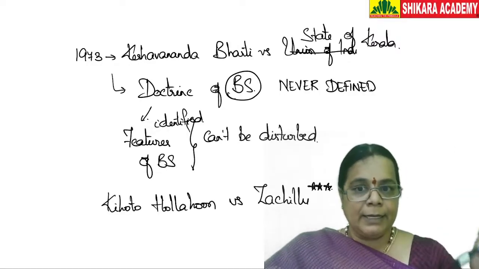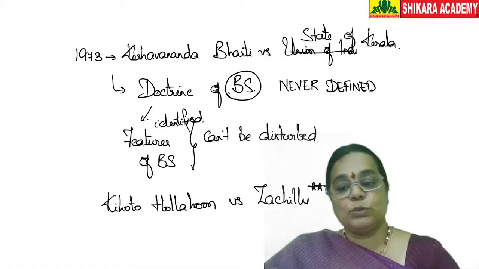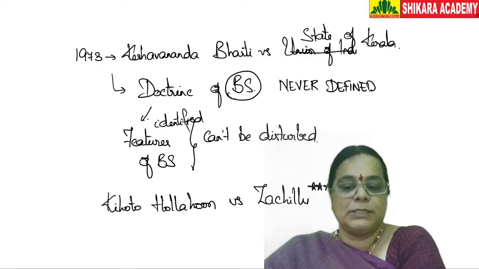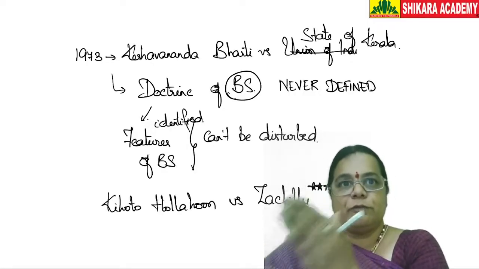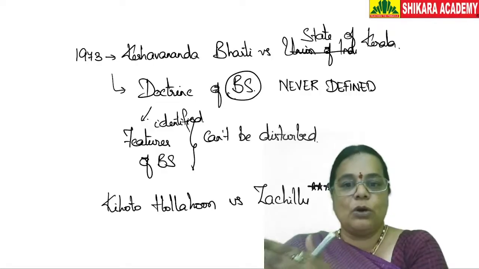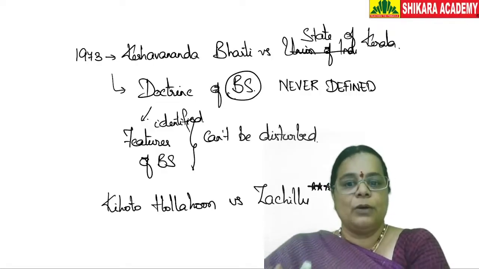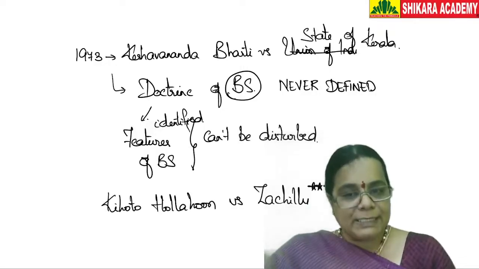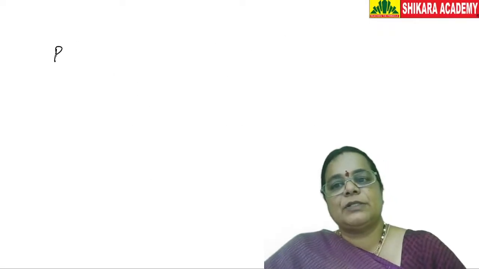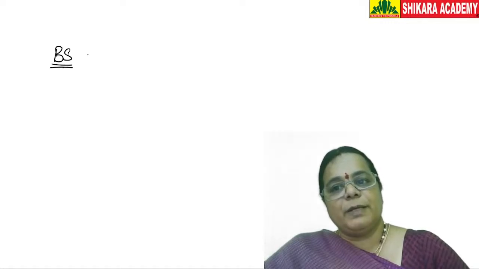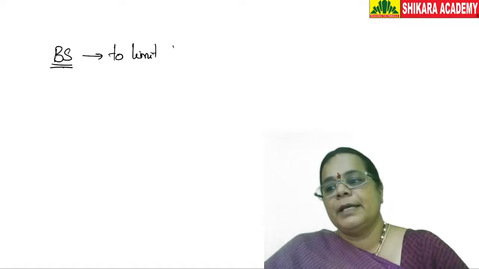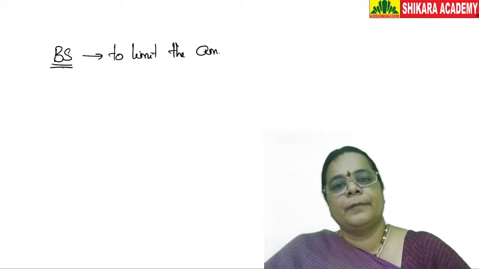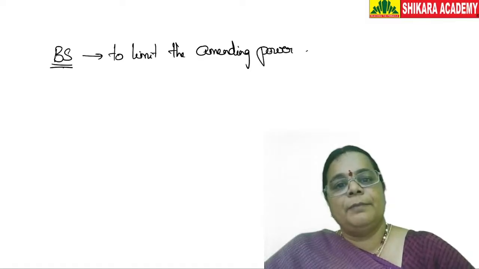It was directly declared in Kesavananda Bharati case, but its roots can be traced back to Golaknath versus State of Punjab, because in Golaknath, the Supreme Court for the first time imposed restrictions on amending the fundamental rights. Okay, I hope I made myself clear. So basically, you have to remember that the doctrine of basic structure was laid down to limit the amending power of parliament.